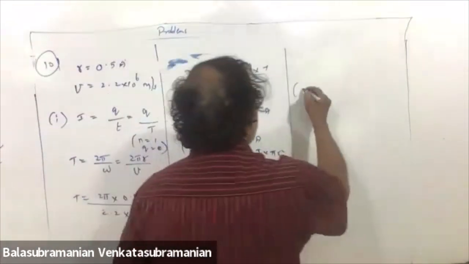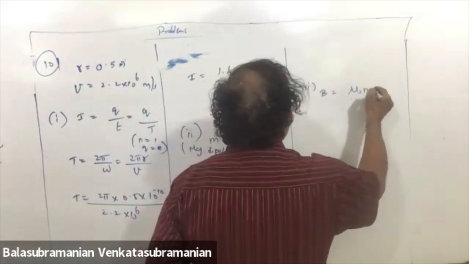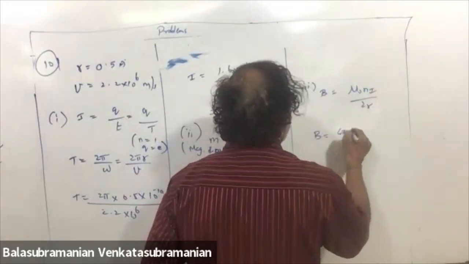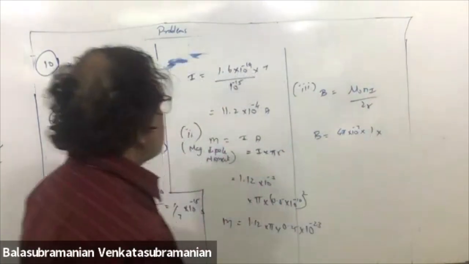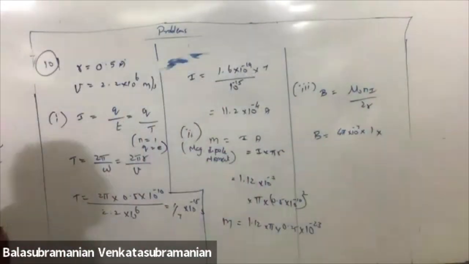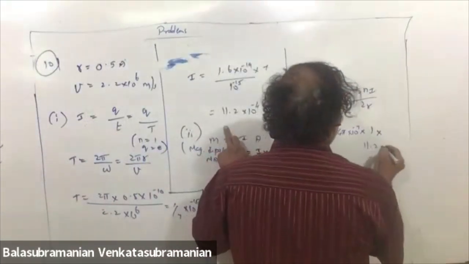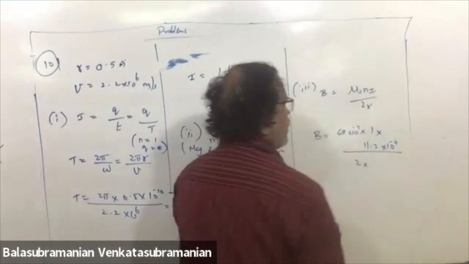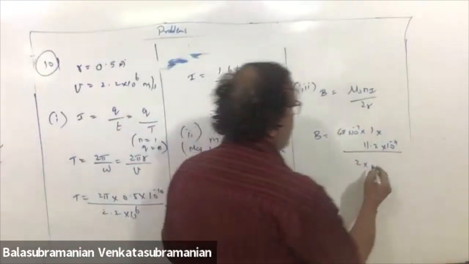And finally, the magnetic induction. B is equal to mu naught N I by 2R. 4 pi into 10 power minus 7, number of turns 1, current given as 11.2 into 10 power minus 4, by 2 into the R value, 0.5 into 10 power minus 10.